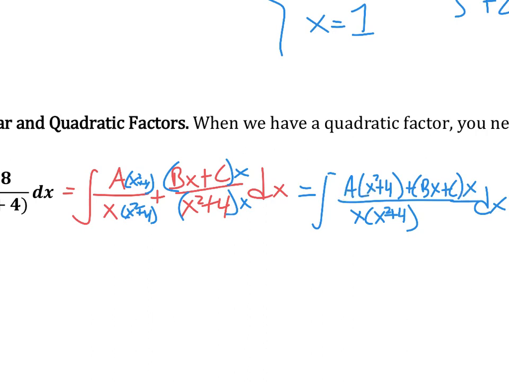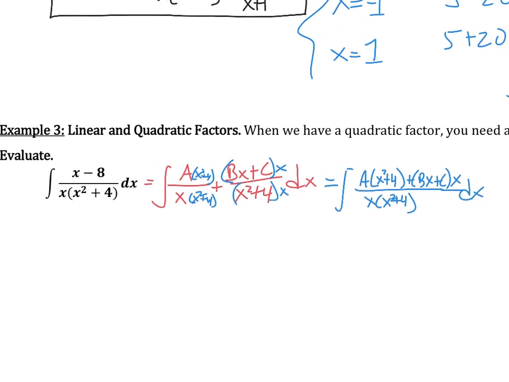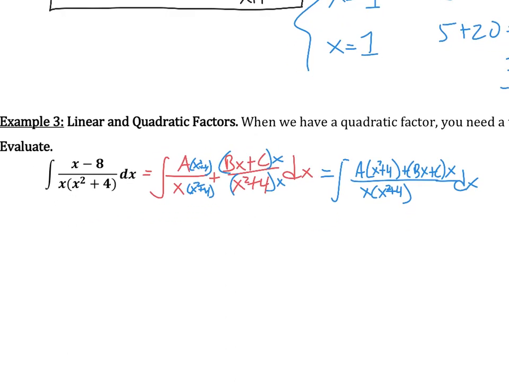All right, so now we have two equations that look the same. We've got this equation here that we started with, and this equation, they look in the same form. Notice they both have the denominator here. So we need to find out what a, b, and c have to be to make the top equal to x minus 8. So we have x minus 8, then we've got a times x squared plus 4, and bx plus c times x there.